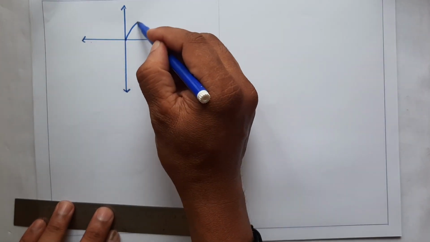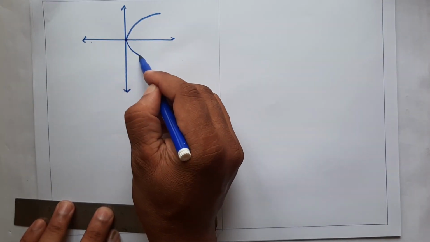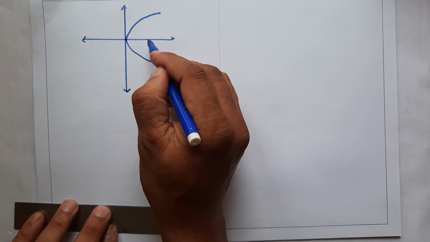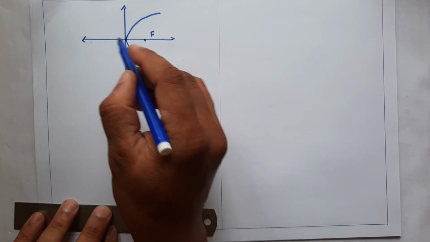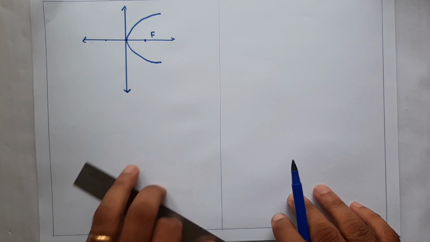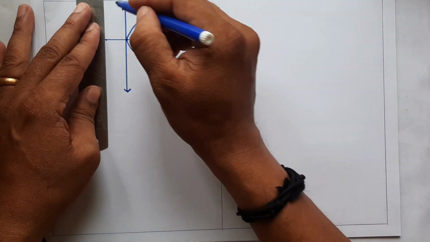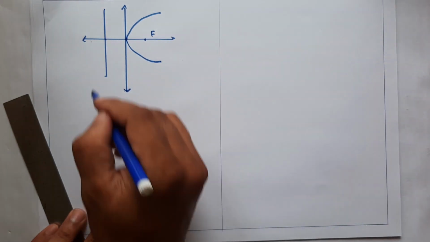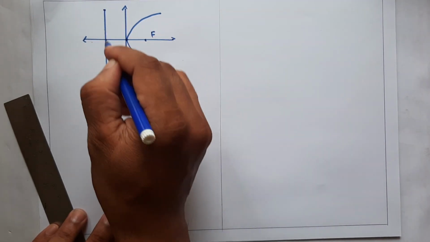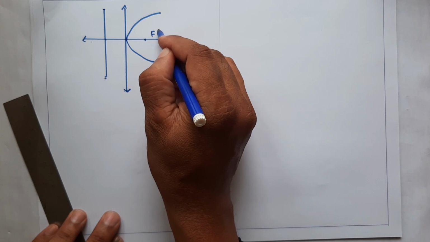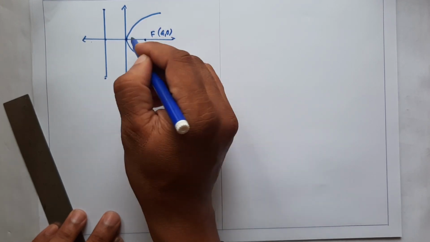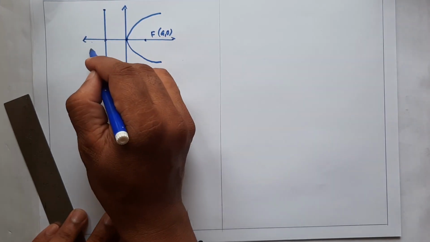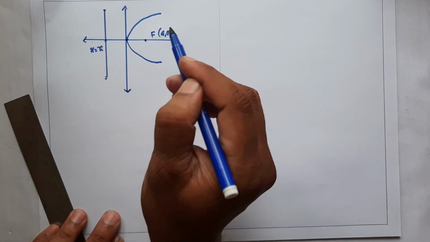Okay, this is the first parabola. You already know which is the focus and which is the directrix. Here the focus coordinate is (a, 0), the vertex is (0, 0), and the directrix is x equal to minus a.